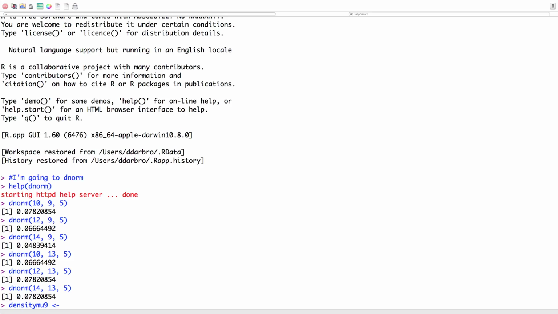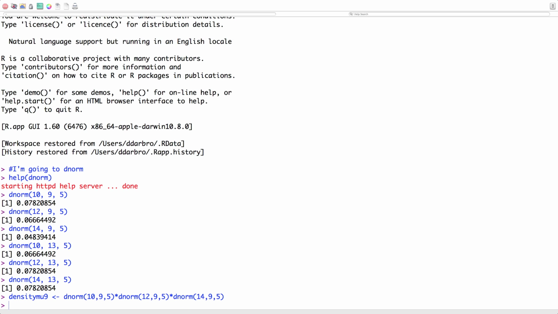That's going to be the product of dnorm(10, 9, 5) times dnorm(12, 9, 5) times dnorm(14, 9, 5). So guys, remember, since we're dealing with independent and identically distributed random variables, we can multiply the probabilities.